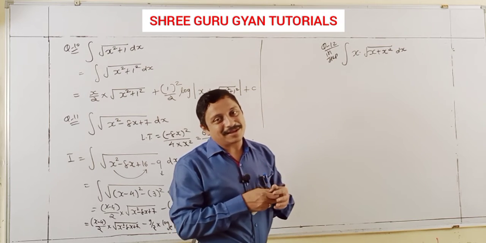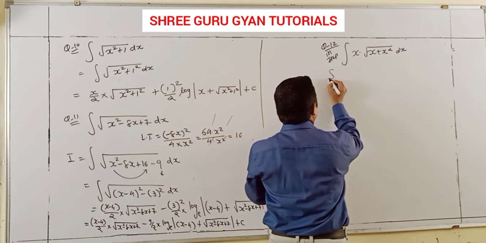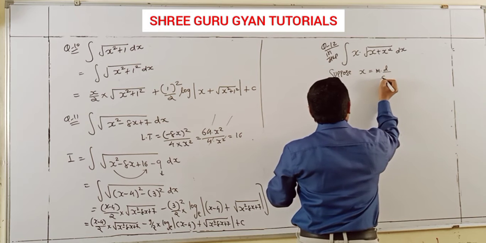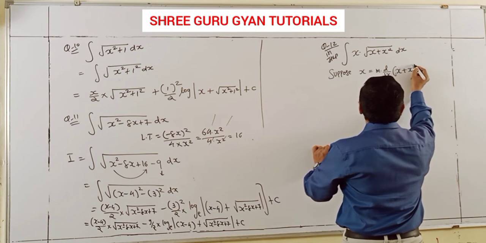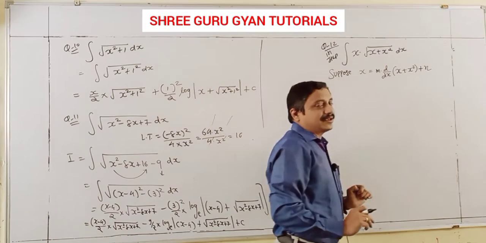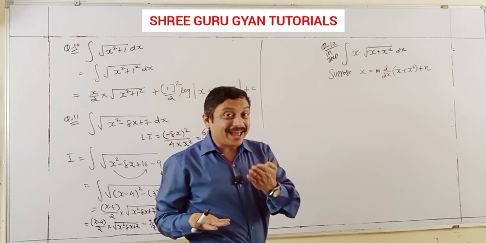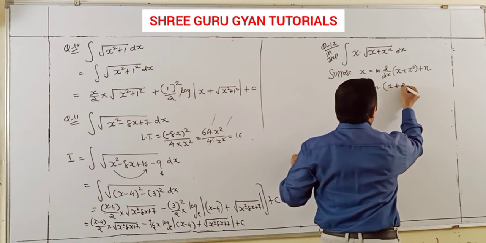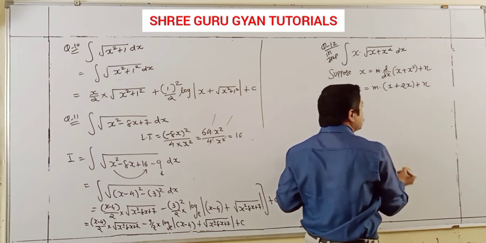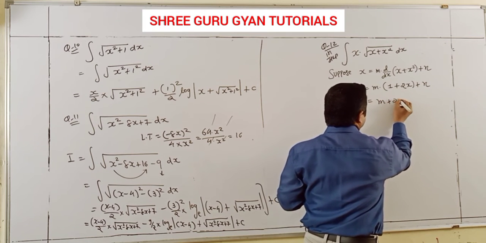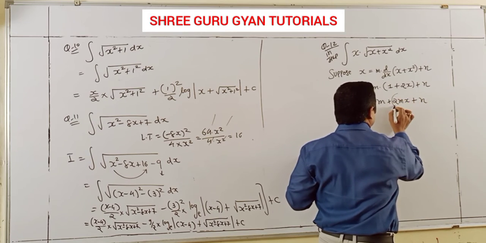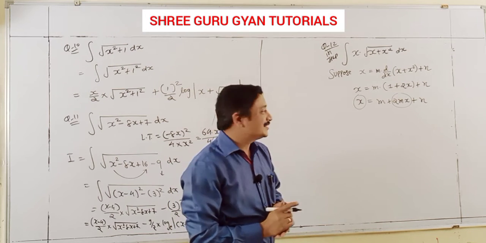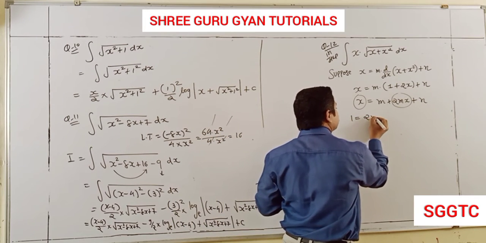Yes students, I start with the MN method. So suppose x is equal to m d by dx of x plus x square plus n; decide the derivative and calculate m and n. So x here: 1 plus 2x, plus n. So students, m plus 2mx plus n, here x and here x, take out common. So the coefficient is 1, here 2m.